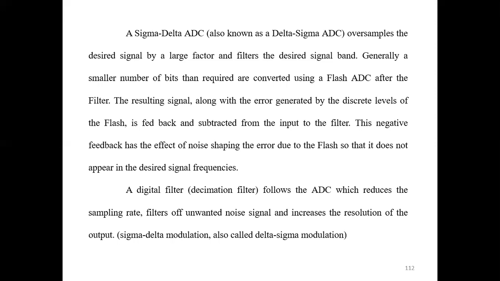This negative feedback has the effect of noise shaping the error due to the flash so that it does not appear in the desired signal frequency. The digital filter follows the ADC, which reduces the sampling rate, filters unwanted noise, and increases the resolution of the output.